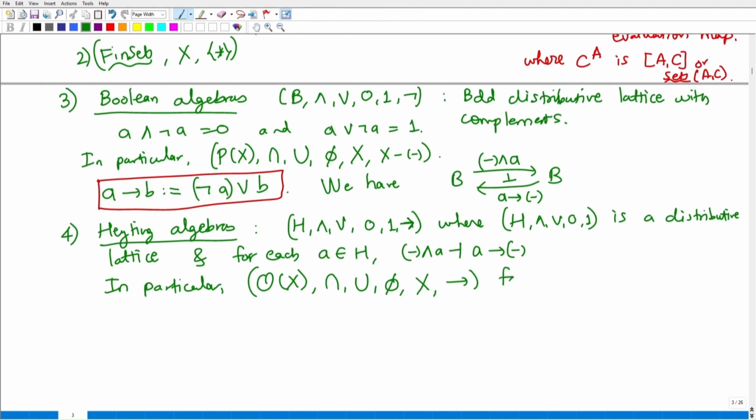For a topological space X, we are taking the collection of open sets. So let us consider a simple example. Even if you don't know topology, you will understand if you have studied metric spaces.